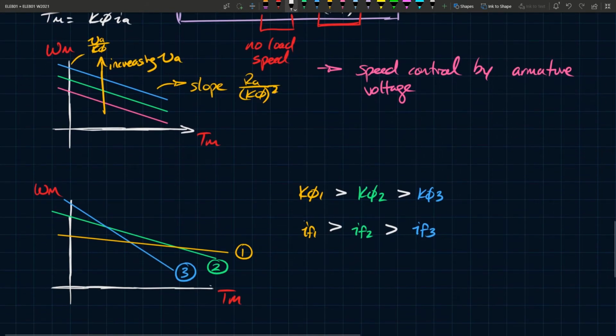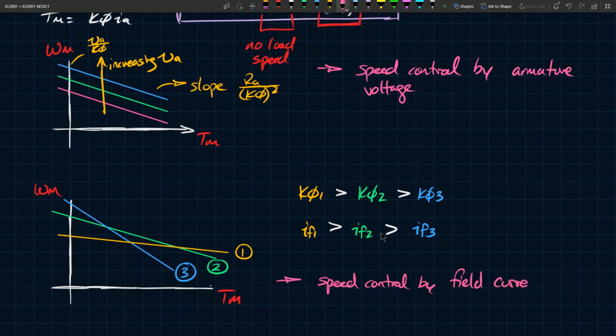This is exactly it. So now this is another way we can control speed. We can say that this is speed control by field current, right? So now we can control it by the field current as well. The best option would be to control it using both.